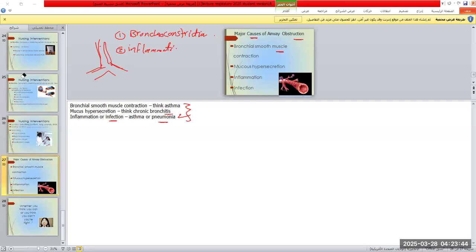So if the patient has asthma, they suffer from bronchoconstriction and inflammation too. So most diseases have two problems. In order to overcome those two problems, you need medication. The first kind of medication will be bronchodilators.